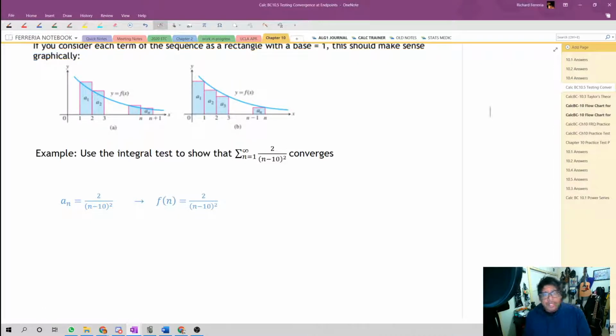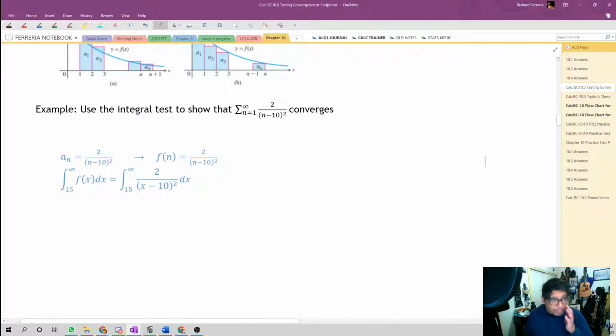Then we're going to integrate the function from some arbitrary number, I'm choosing 15, to infinity of f of x. And what we get is the integral from 15 to infinity of 2 over x minus 10 squared.